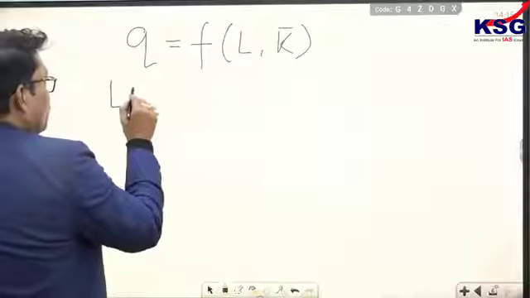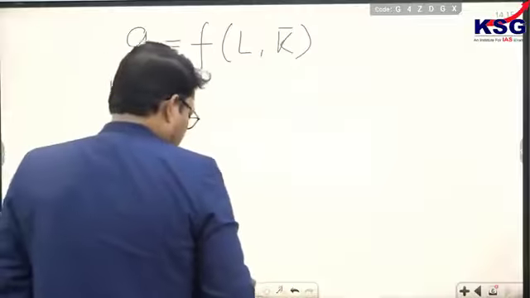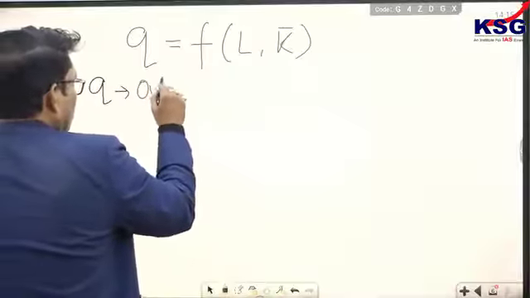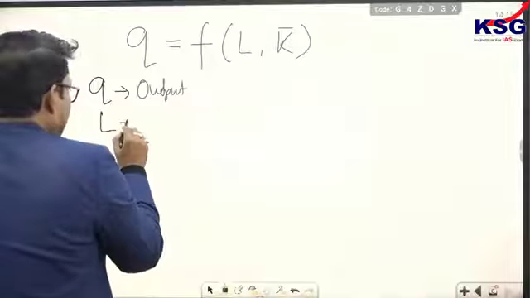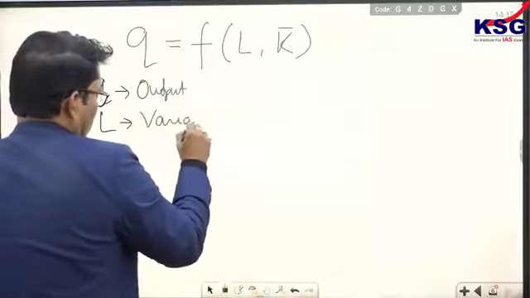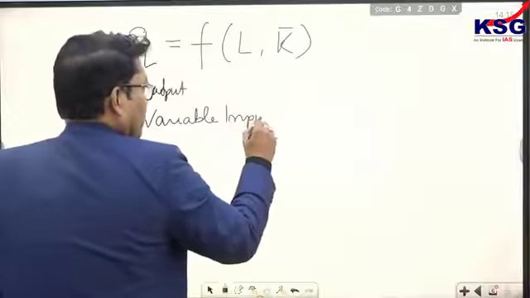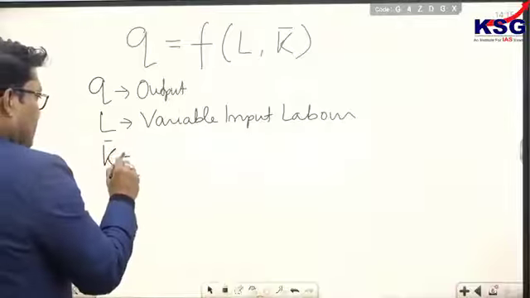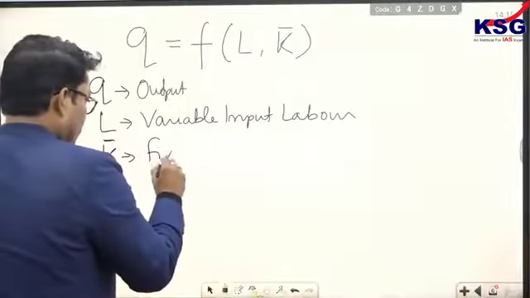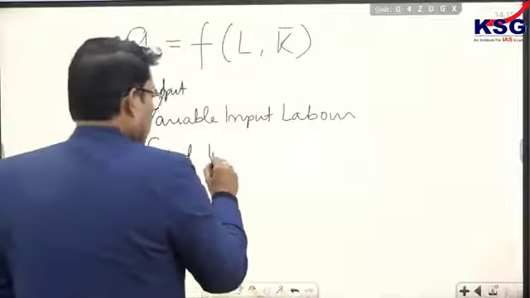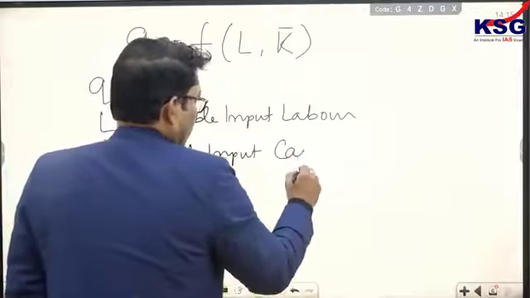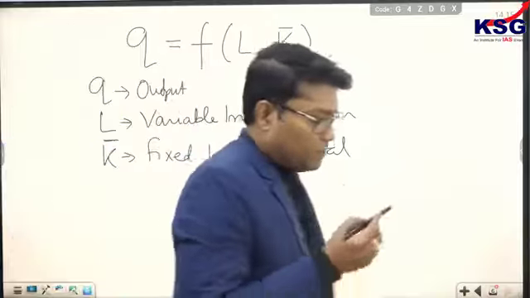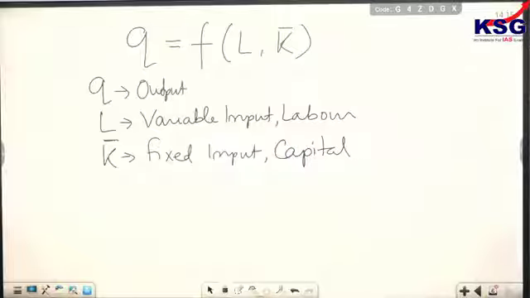So Q stands for output, L stands for variable input labor, and K bar stands for fixed input capital. Yeah, fixed input capital. Clear?